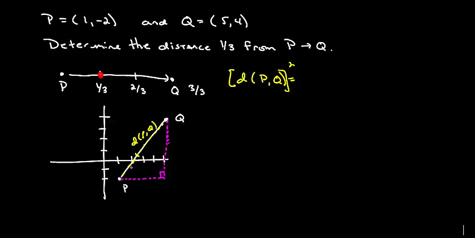So if I take this guy squared, it should be equal to this length squared plus this length squared. So what are these other lengths?